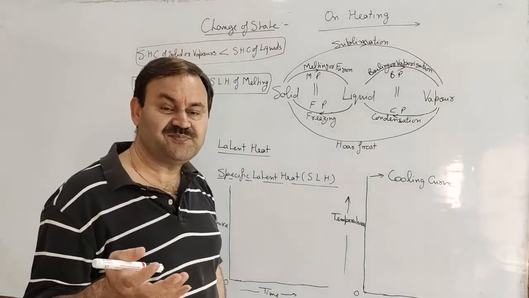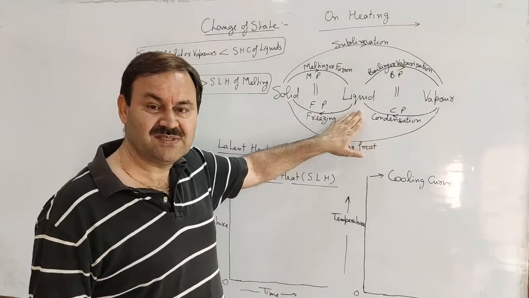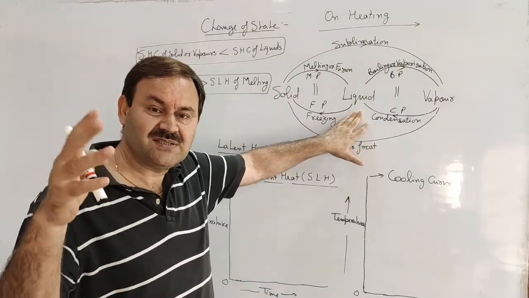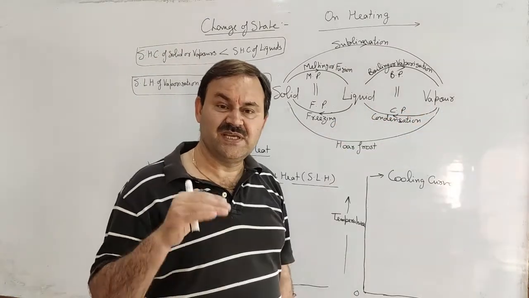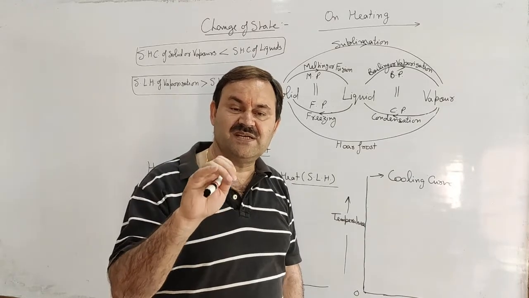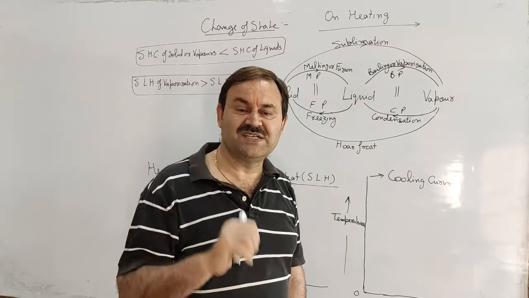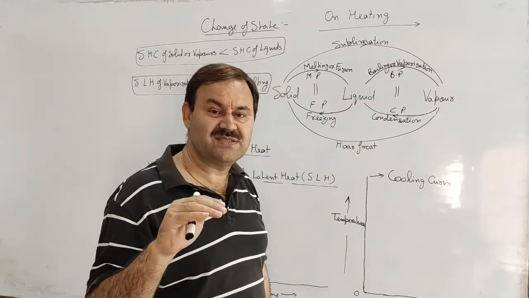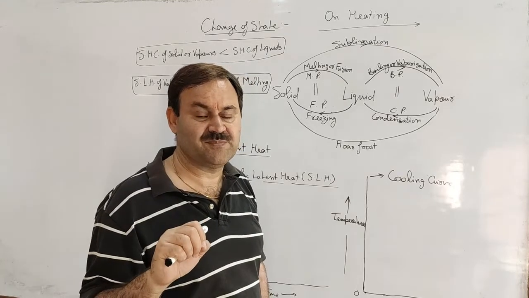Now, if the vapors formed from the liquid are further heated, then on heating the temperature of vapors, that is average kinetic energy of their molecules, will increase, and hence the vapors will be called superheated vapors.